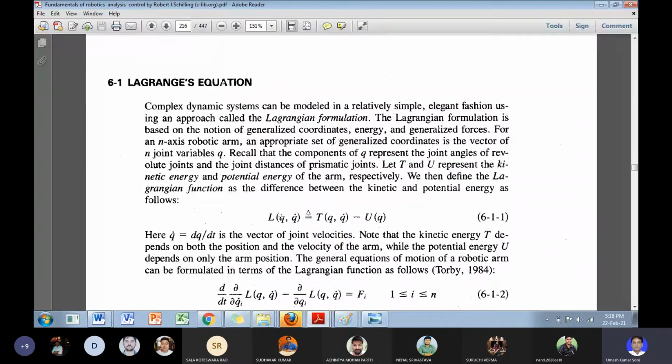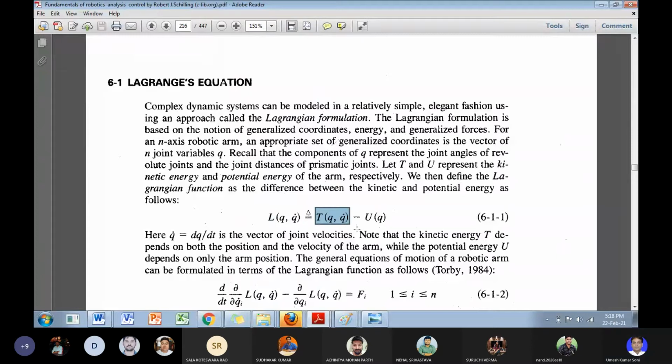Suppose that link is rotating, but when we change the length of the previous link, the linear velocity of the other link is also affected. So in that condition, the joint velocity, linear velocity as well as angular velocity, and joint positions, linear positions and angular positions, both affect the Lagrange function and total kinetic energy.